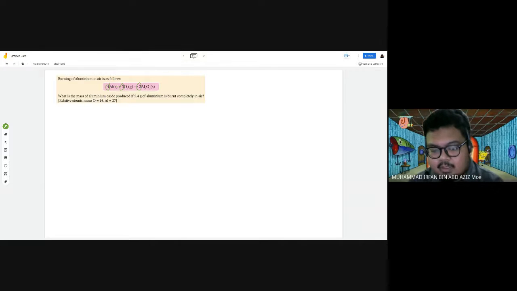So, from this, apa yang cikgu selalu suka buat, kita write dulu the meaning of the chemical equations ni. Cikgu suruh tulis in ayat lah.